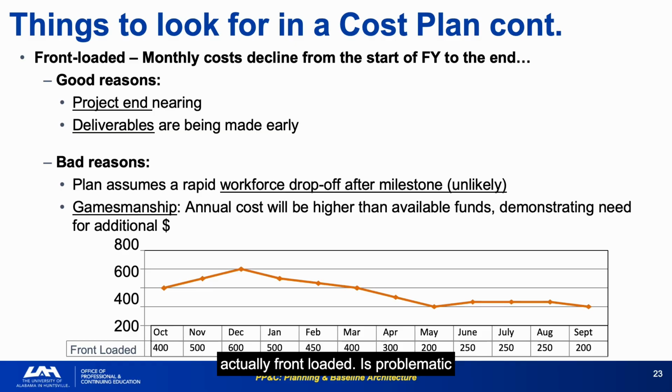Problematic cases: unrealistic workforce ramp-down assumptions and budget gamesmanship to justify inflated annual requirements. The data table included in this slide, 400, 500, 600 peak, then declining, is exactly the type of plan you would question. Ask, what technical activities justify a peak in month 3 followed by a steady decline? If there's no answer, it is suspicious.